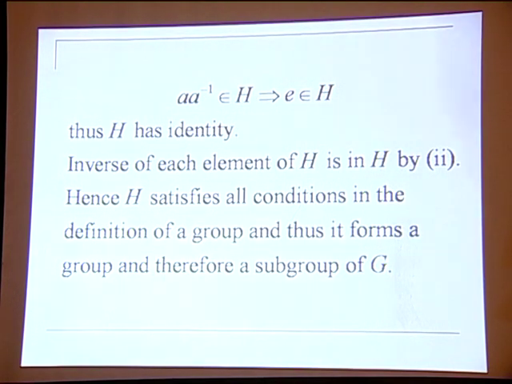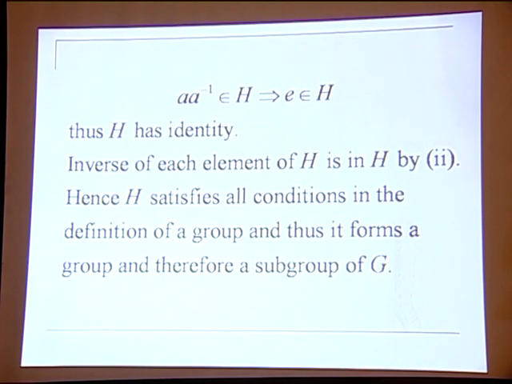So a inverse belongs to H, this implies e belongs to H, this implies H has an identity. Then the inverse of each element of H is in H by the second condition. So all four conditions of closure, associativity, identity and inverse are satisfied. Hence, H satisfies all the conditions in the definition of a group, and thus it forms a group. Therefore, it is a subgroup of G.